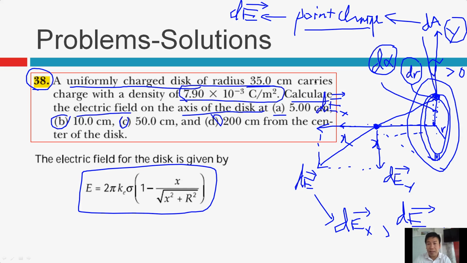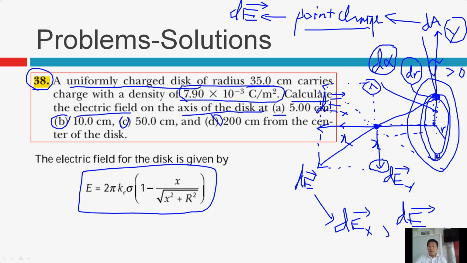You will have the dE in this direction, right? The dE in this direction. So when you divide it to the x direction and the y direction, what happened? The dEy here will be in the opposite direction with the dEy here.